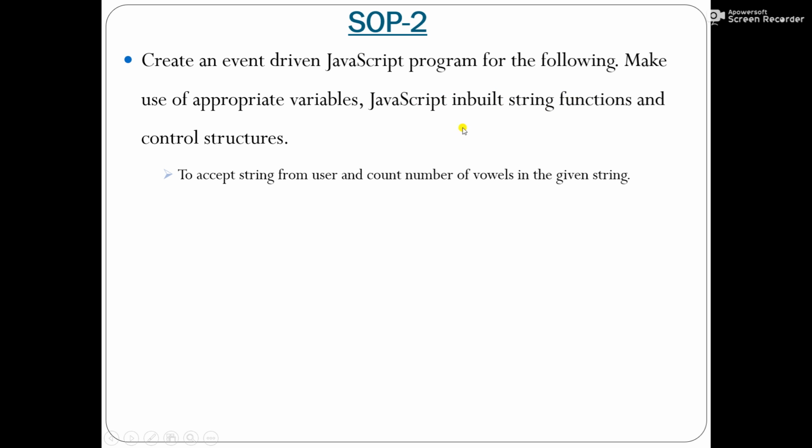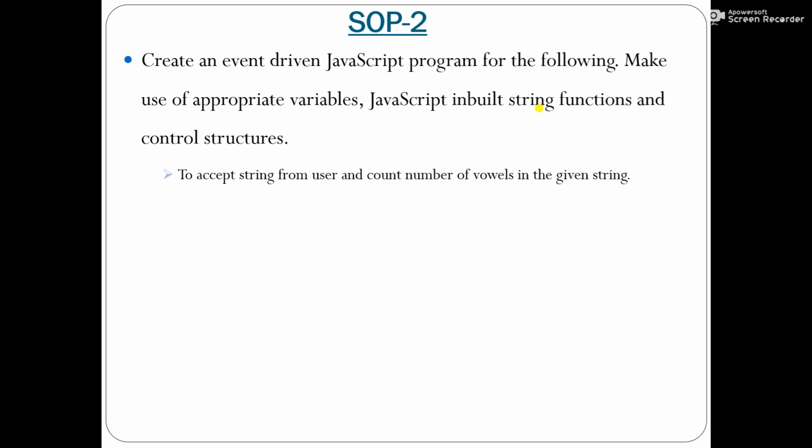We already know some of the inbuilt functions of JavaScript, which we have seen in our lectures as well as in the last practical. But now here the practical is related to string. So we will see what exactly a string is and what different inbuilt functions are provided by JavaScript.